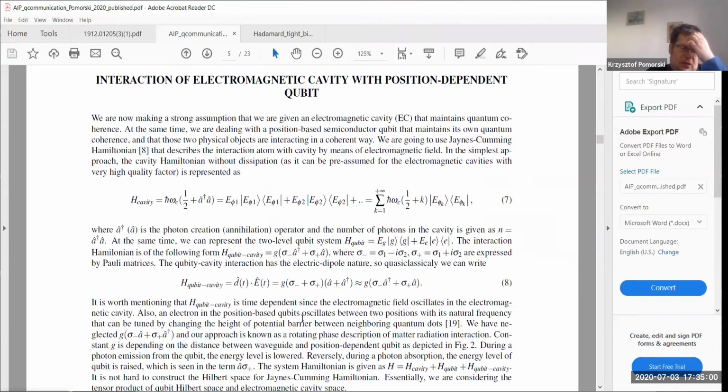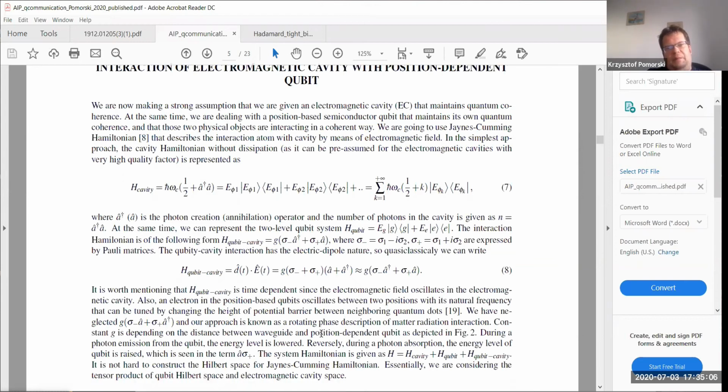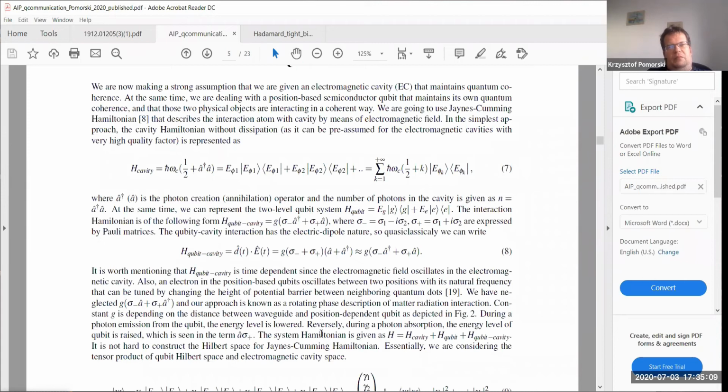So we have an analogy to position, and finally it turns out that if the qubit is in the excited state, the result of this interaction is that it goes to the ground state and emits a photon that is absorbed by the cavity, or it can be in the ground state, and after a certain time it absorbs a photon and becomes excited.